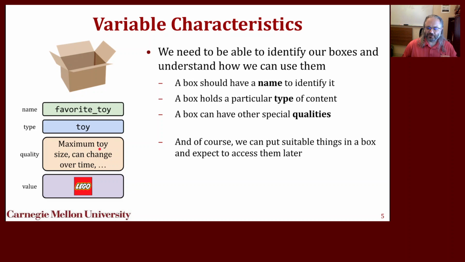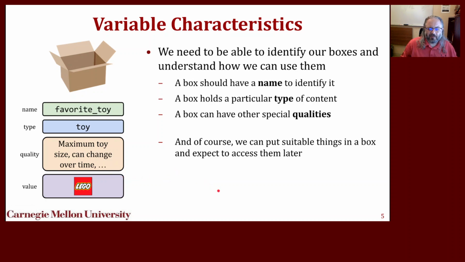Maybe there are some restrictions on how I can interact with this toy. Maybe I'm going to allow it to change over time. And then, of course, I'm going to have a value. The value is going to be a particular instance of this toy that happens to be my favorite toy. This is a simple conceptual example.